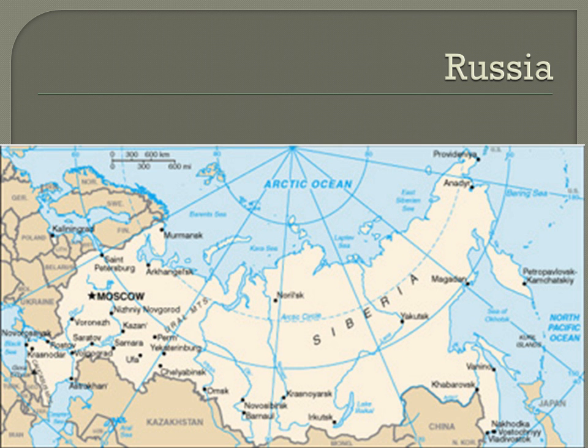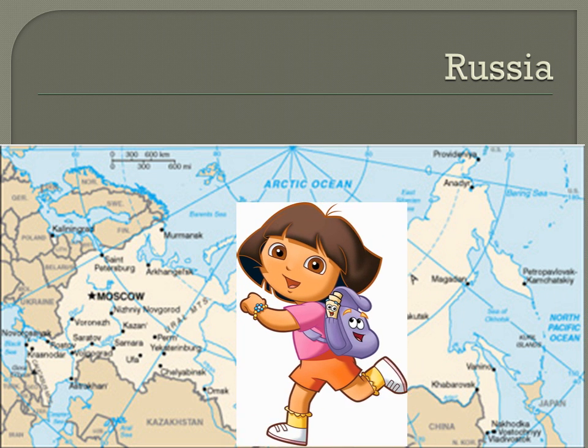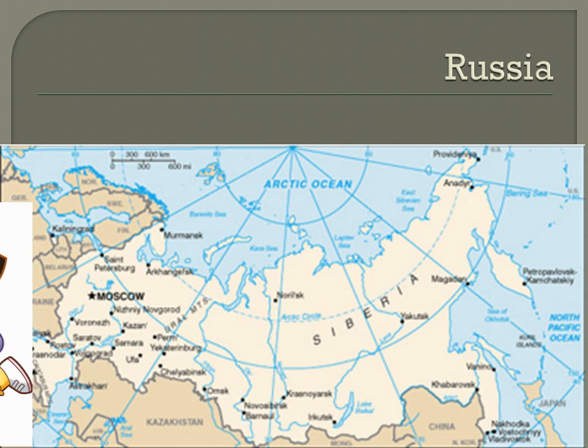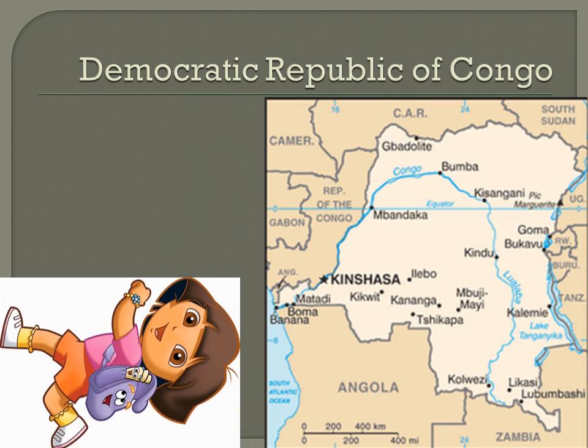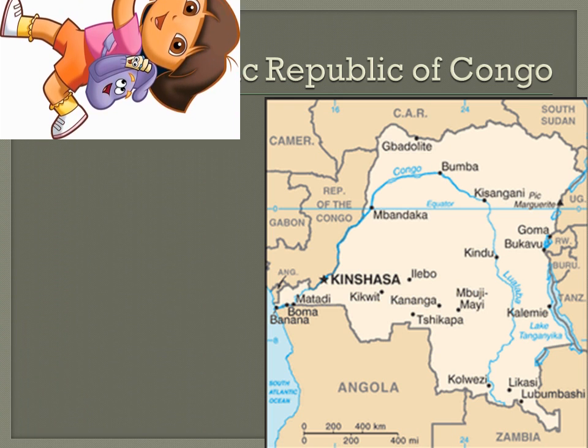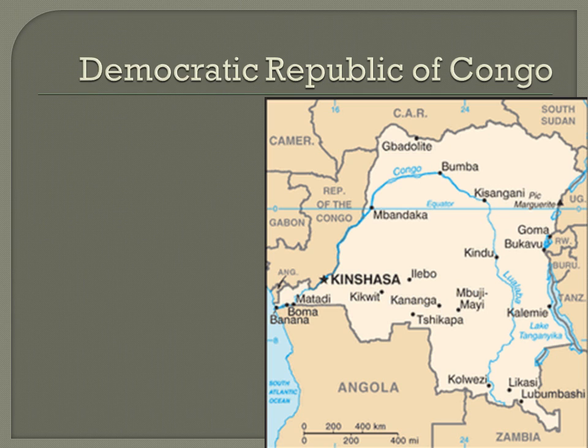Our next one, Russia. This one's kind of tricky. Gotta pay attention to the details here. The Democratic Republic of the Congo. What would we say about the Democratic Republic of the Congo? What is our shape there?